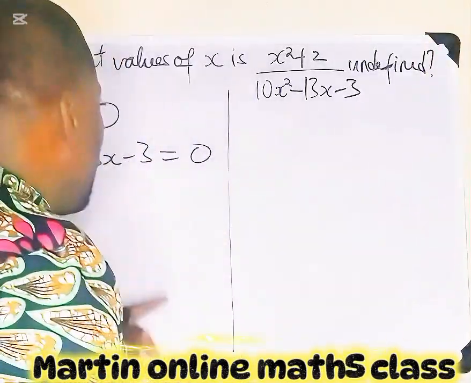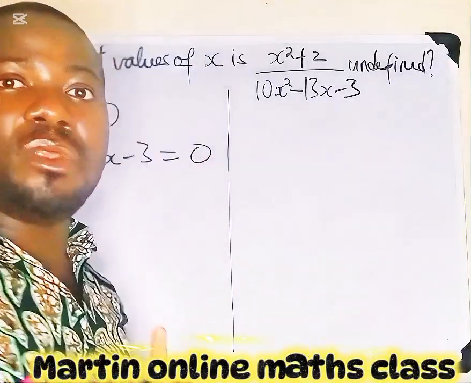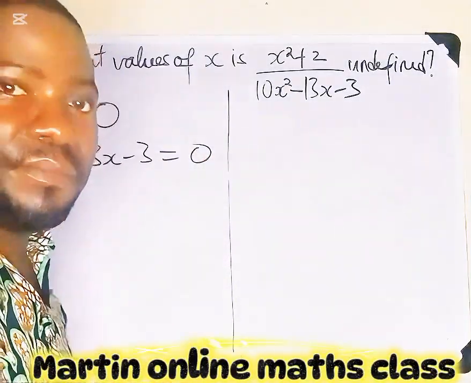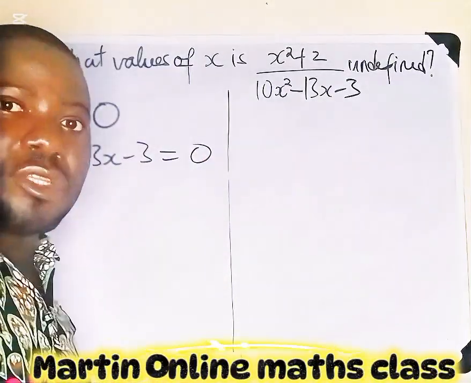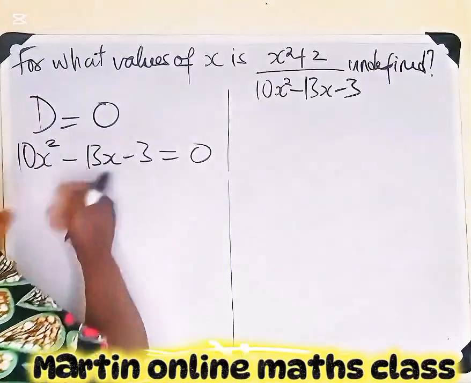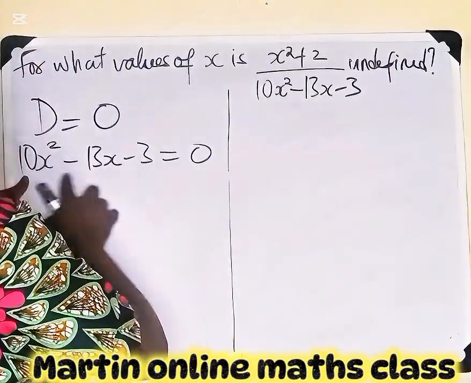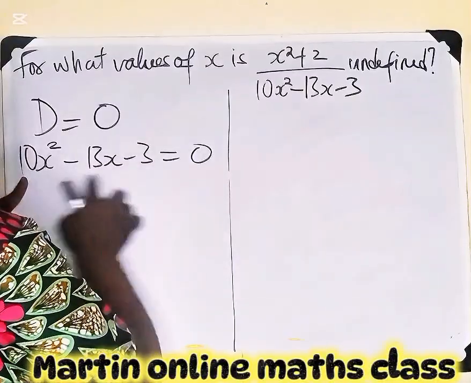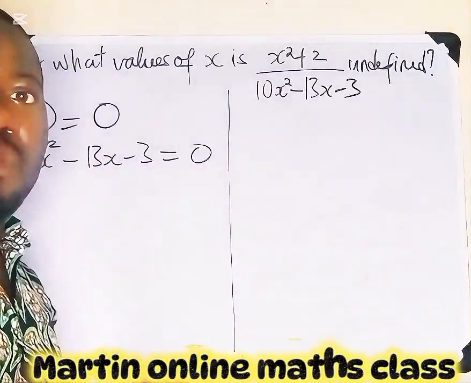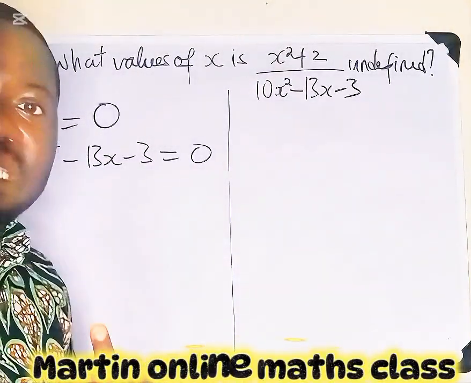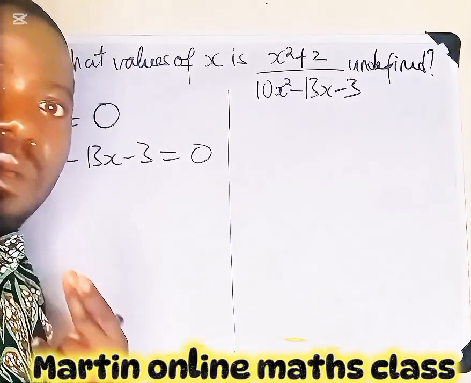Once you equate the denominator to 0, then we solve for the values of x that satisfy that equation. And as you can see on your screen, the expression we have in the denominator is a quadratic equation, which implies that we are expected to have two values at the end of our answer.